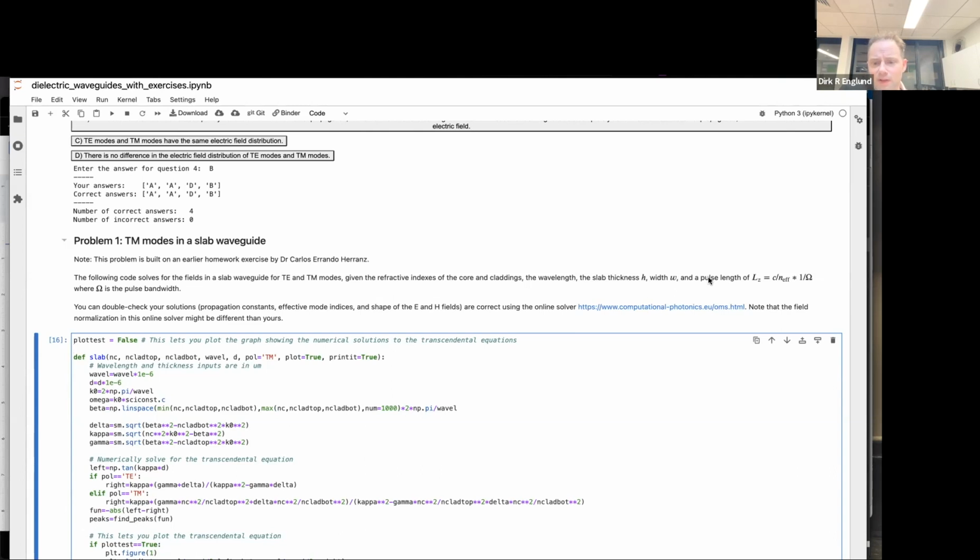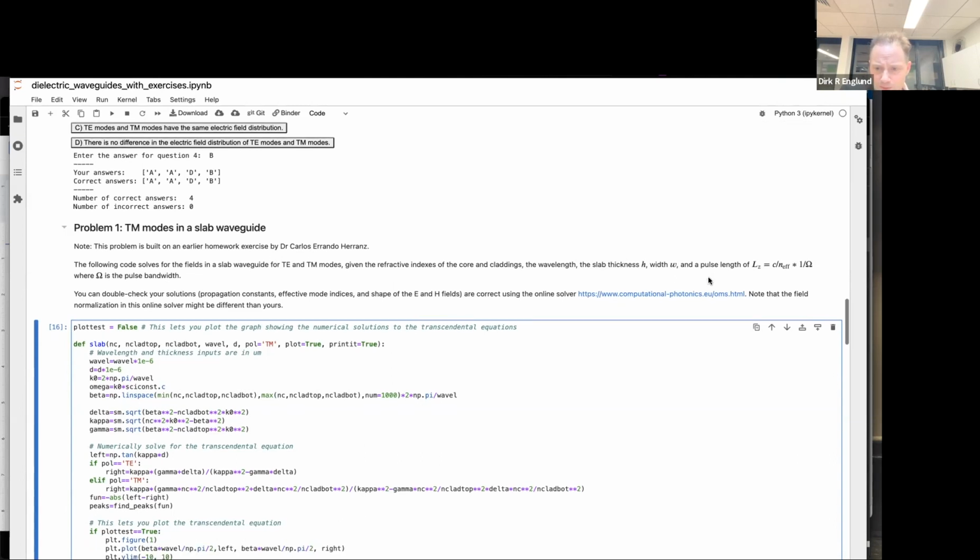And we assume one other thing. We assume that the optical pulse we're sending fits within the bounding box of the problem, that the whole pulse in its full width at half maximum fits within a length LZ given by the speed of light in the medium divided by 1 over the bandwidth of the pulse.